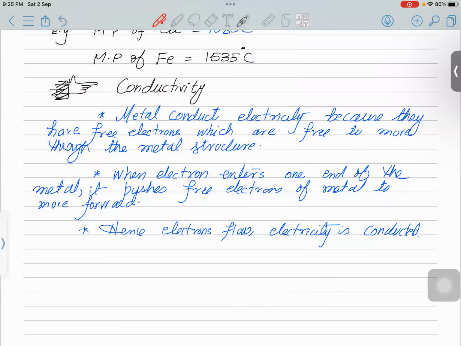Now, can you find electrical conductivity of iron? Tell me, what is the electrical conductivity of iron?